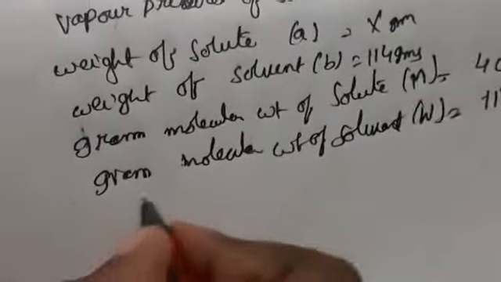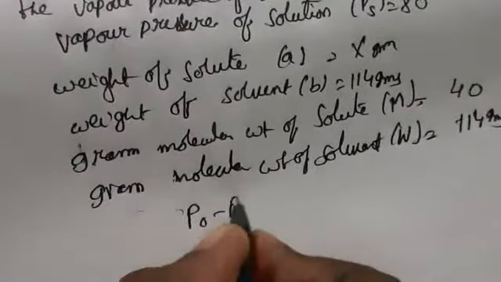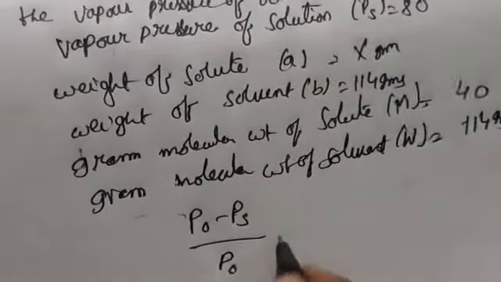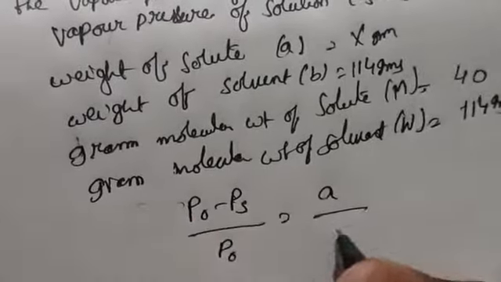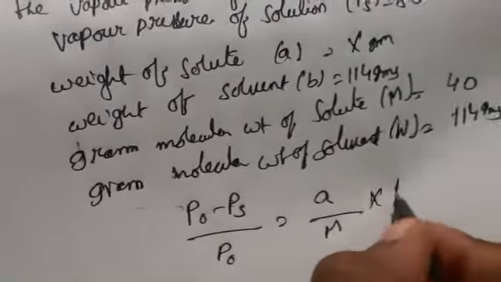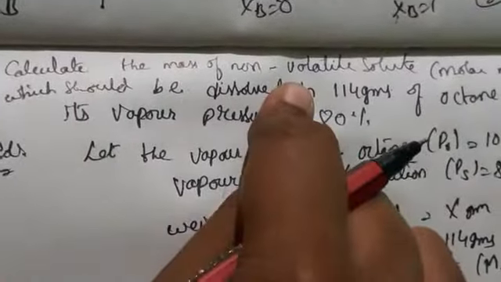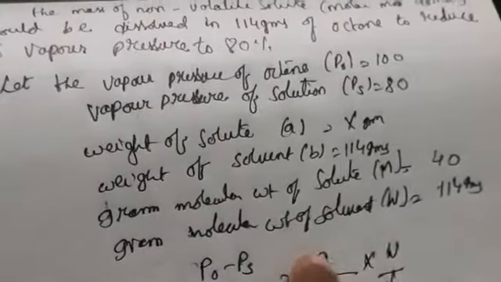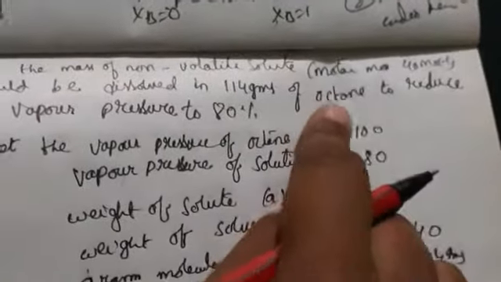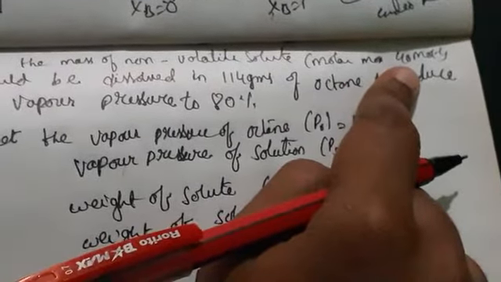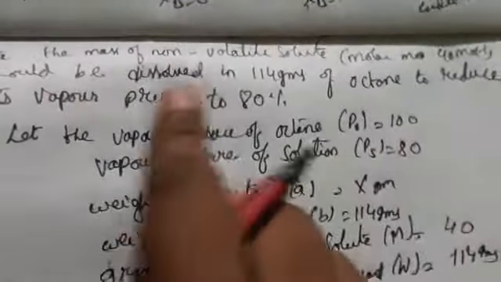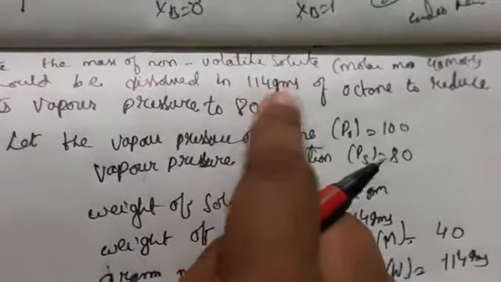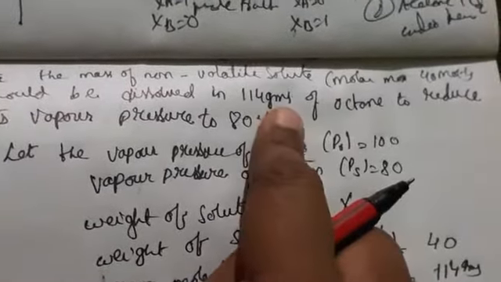Now coming to the formula, what is the formula according to Raoult's law? P naught minus PS by P naught is equal to A by M into W by B. Here once again, calculate the mass of non-volatile solute, so the weight of the solute A we have to find. He has given gram molecular weight of solute 40 and of solvent octane 114.